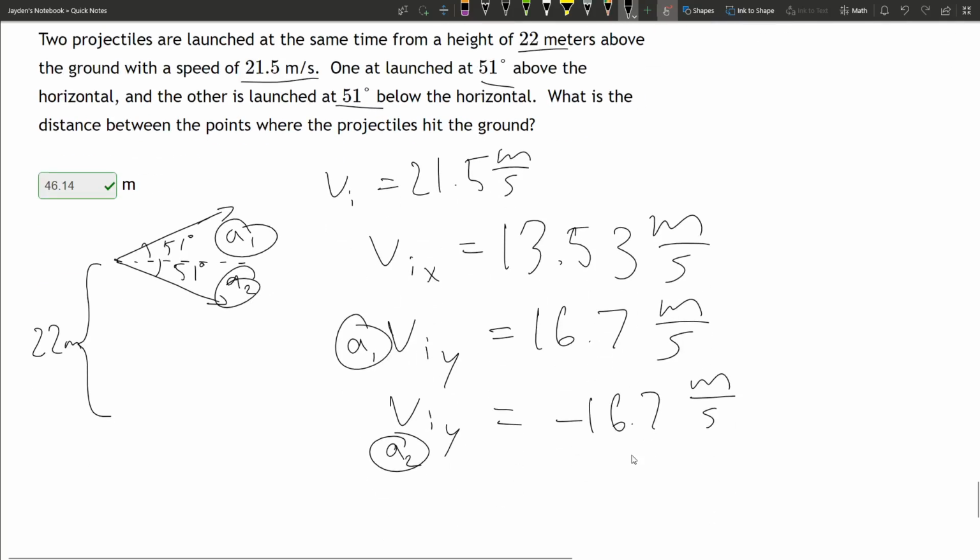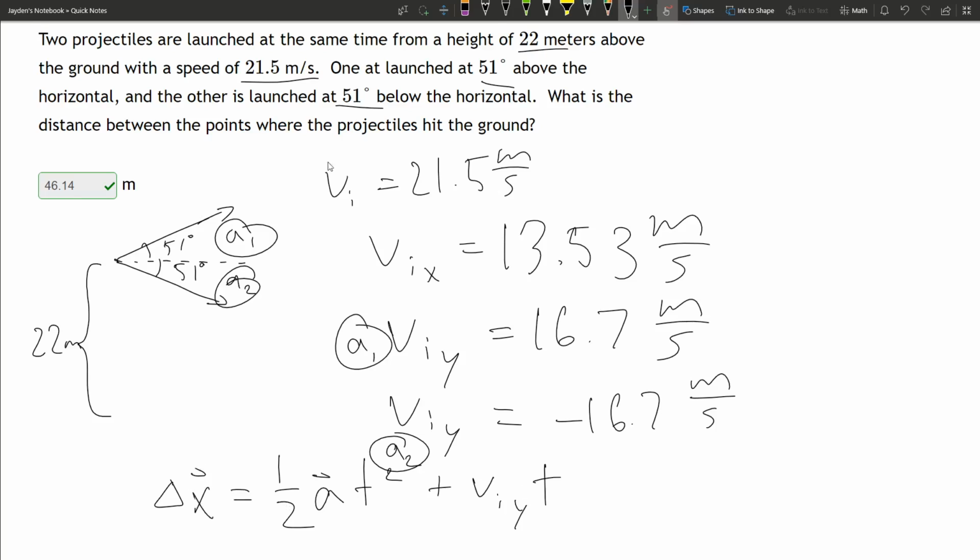So now we have all the information we need to find how far the projectiles travel. Again, using the change in distance formula, well, this is supposed to be a y.